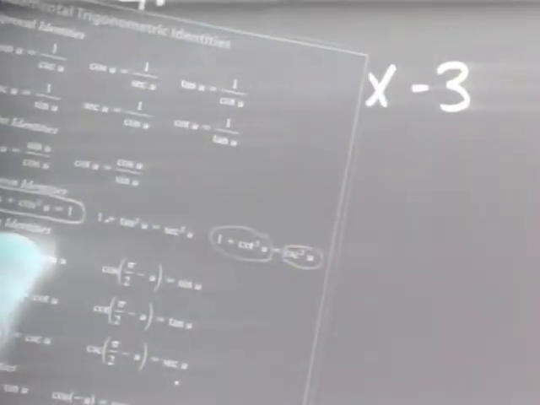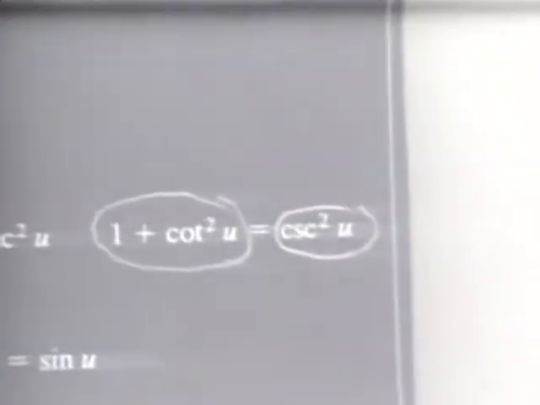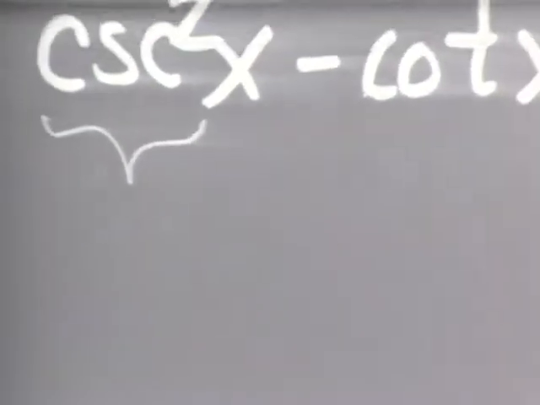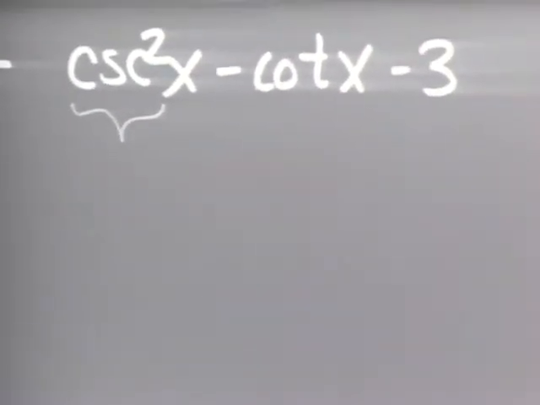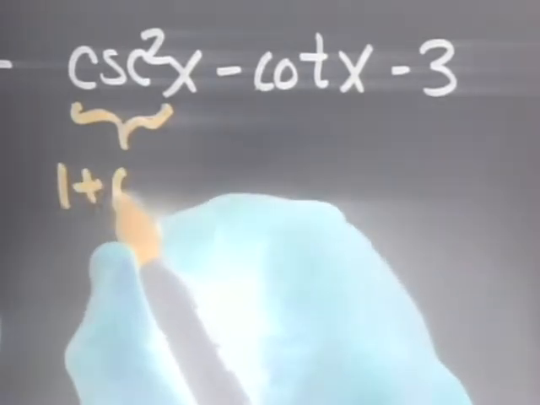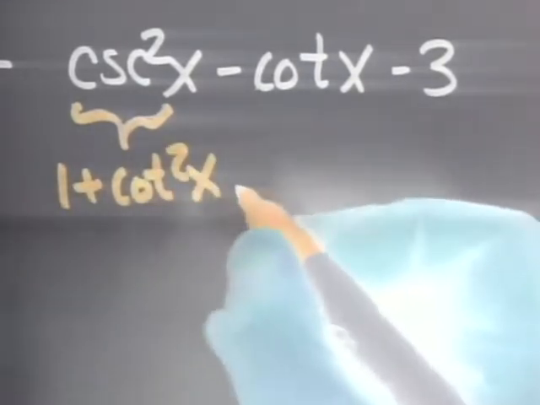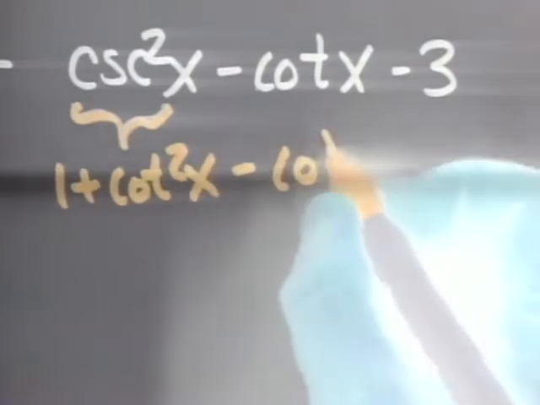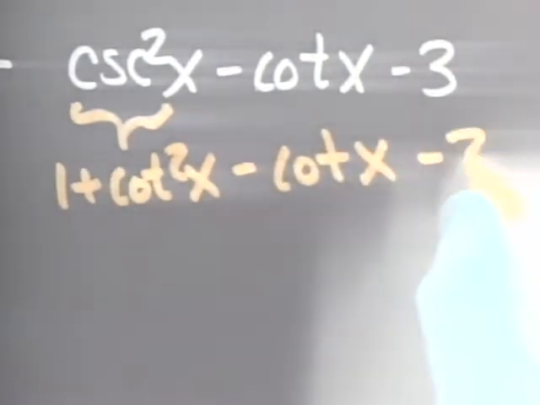According to my sheet, I have to replace it with 1 plus cotangent squared x. So that's what I'm going to do, and then everything will be cotangent. So instead of this, I'll have 1 plus cotangent squared x minus cotangent x minus 3.